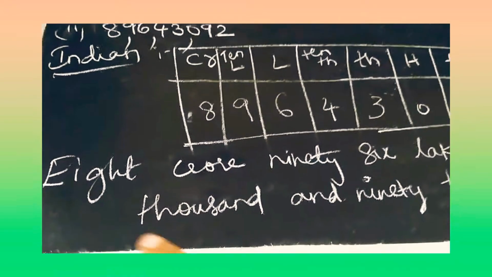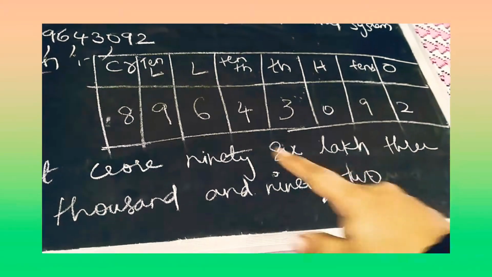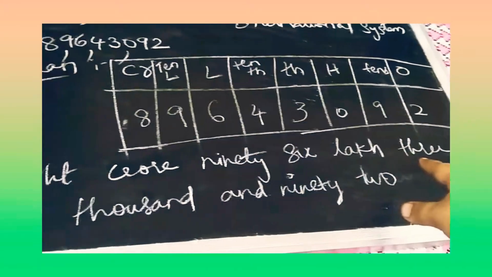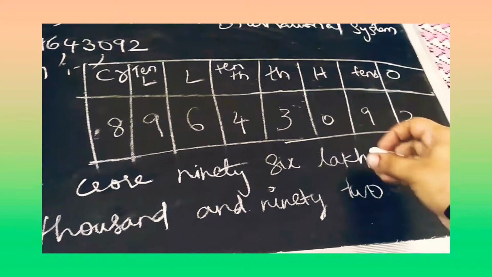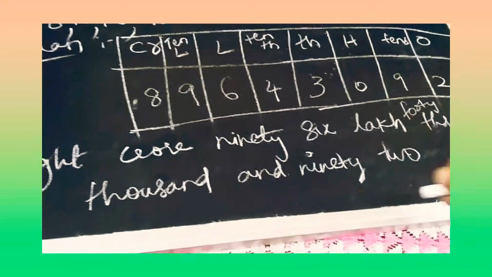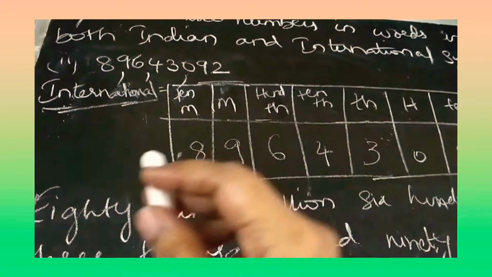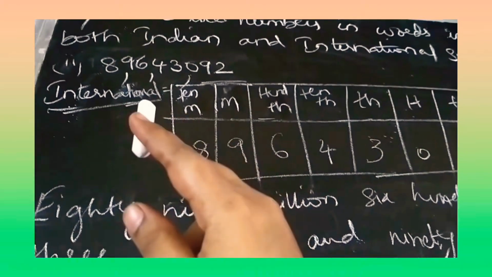So we can write it as 8 crores, 96 lakh, 43,092. In international system, ones, tens, 100, 1,000, 10,000.